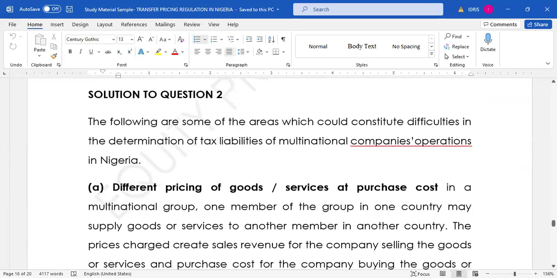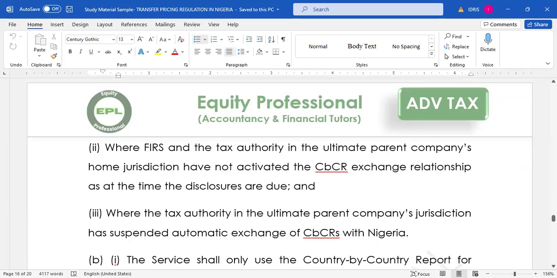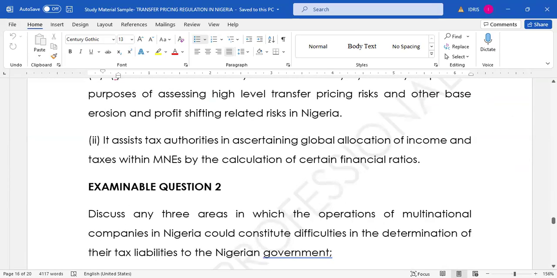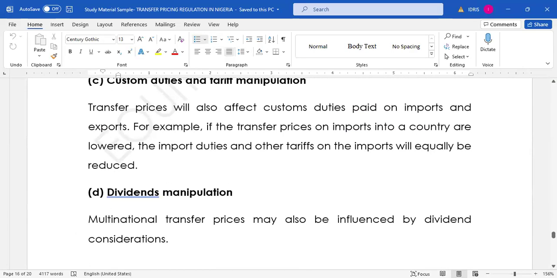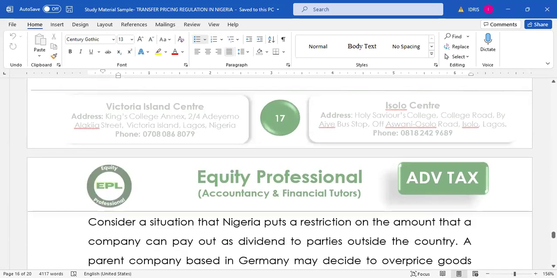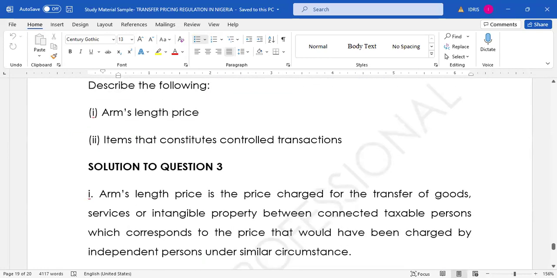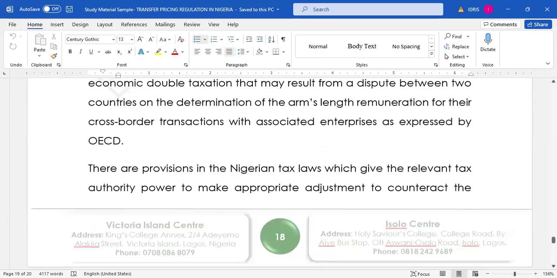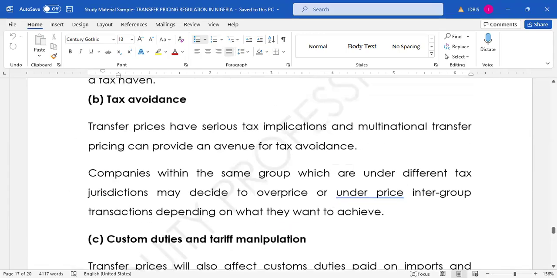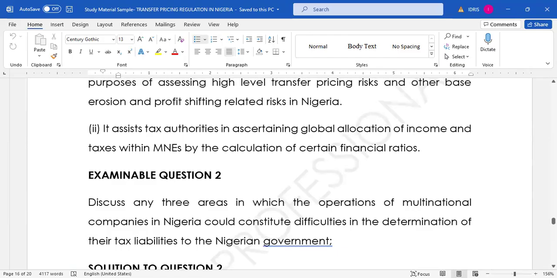Please, let's try to look at those examinable questions, especially examinable question 2, which can be tested in our exam directly from the source. Examinable question 3 too can be tested. So please, let's try to study the examinable questions on transfer pricing.